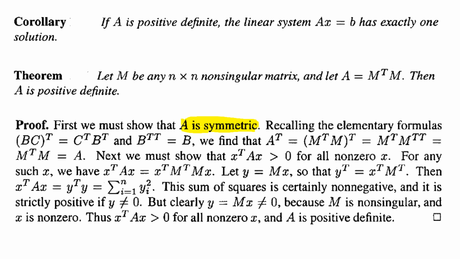We recall the elementary formulas. We know that this result holds: if we want to take the transpose of the product of two matrices, it is written as C transpose B transpose. Similarly, the transpose of the transpose of a matrix is the same matrix.